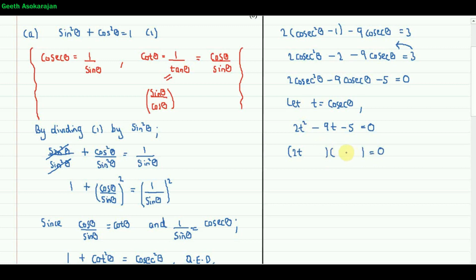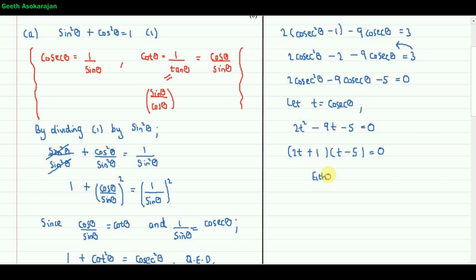If we have minus 5 here and a plus 1 here, let's double check. 2t times t is 2t squared. 2t times minus 5 is minus 10t, and 1 times t is plus 1t, so minus 10t plus 1t is minus 9t, and plus 1 times minus 5 is minus 5. So these two would be the factors.